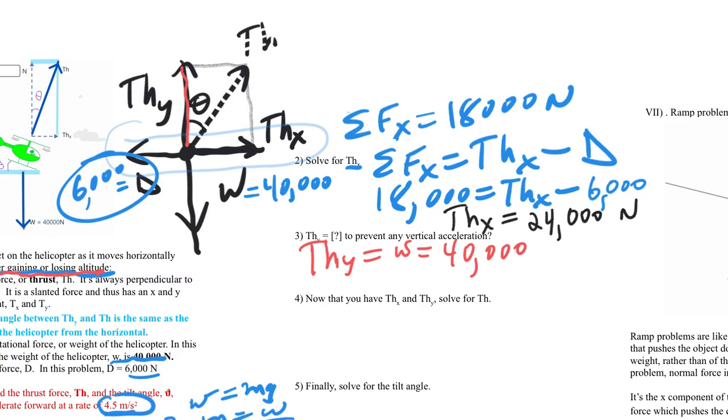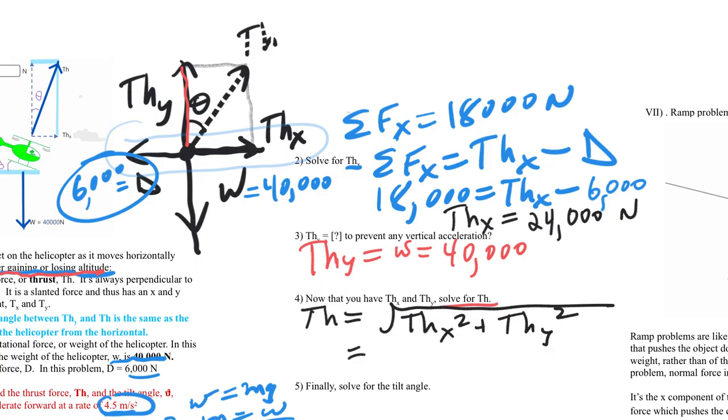Now, you have THX and THY. You got the x and y components. How do you solve for TH? Well, it's the Pythagorean theorem. TH is the square root of THX squared plus THY squared.